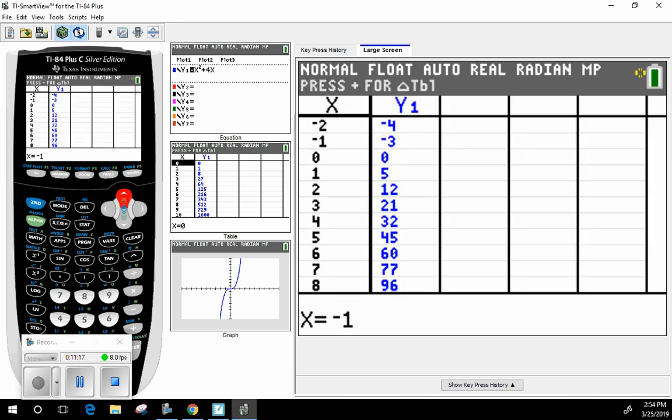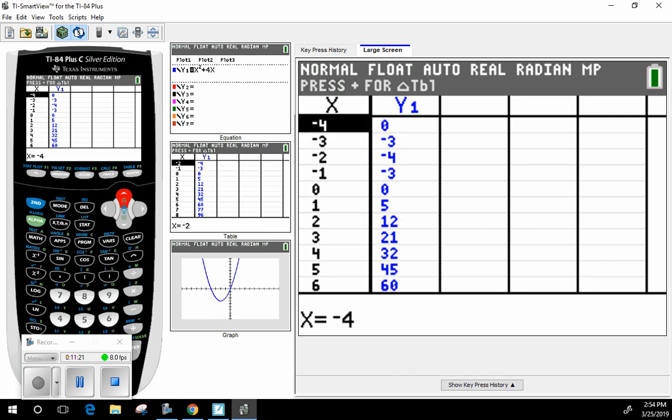That's all I'm okay with you using the calculator for: to look at this and say, here's a bunch of points I can plot. I can see that my parabola goes through negative 5, 5, negative 4, 0, negative 3, negative 3. So I have all of these ordered pairs that I can then go in and graph. But you do have to graph them. I'm just not making you plug in each one and solve them. Does that make sense? Okay.